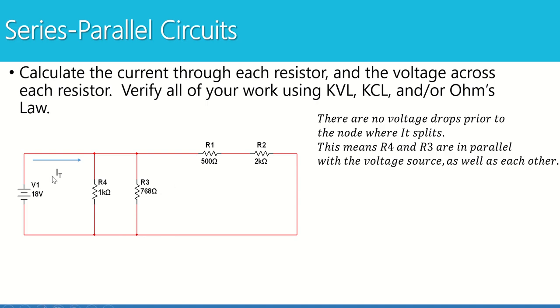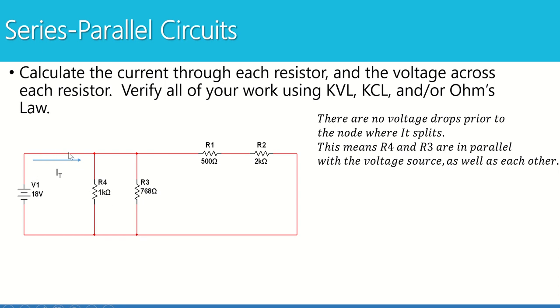So I know that the total current goes this way and splits between R4, R3, and this branch over here. There are no voltage drops prior to this node where IT splits. That means that R4 and R3 are in parallel with each other, and they're in parallel with the source.